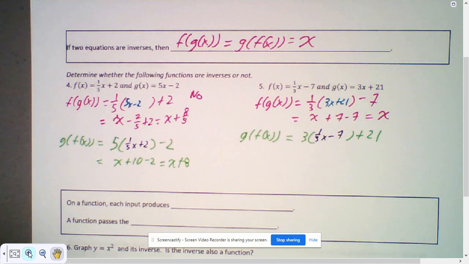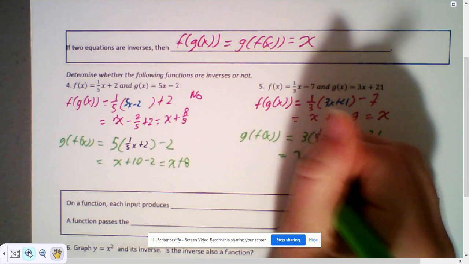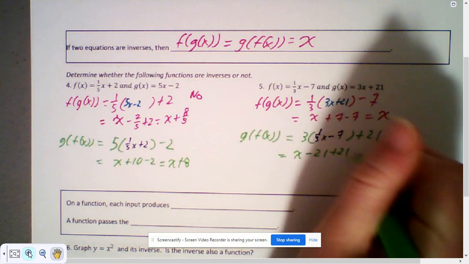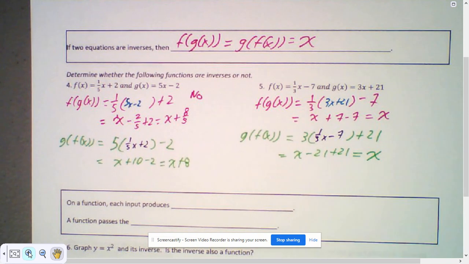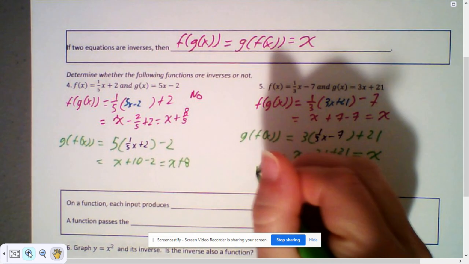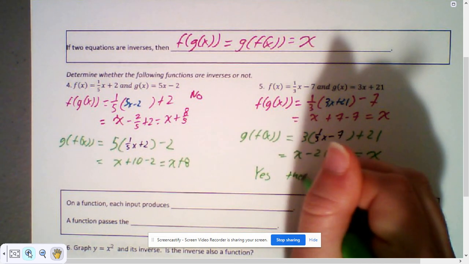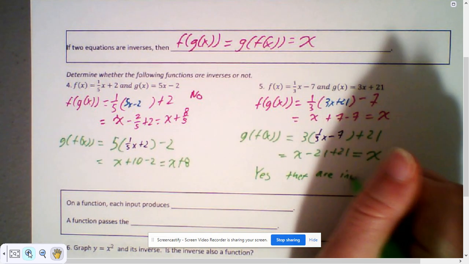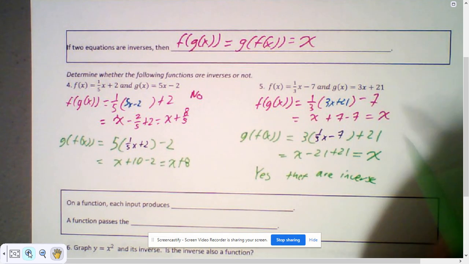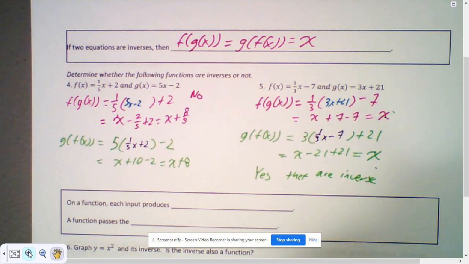So I'm going to get x minus 21 plus 21 is just x. So in this case, yes, they are inverses. Because they both simplify to x when I did f of g of x and g of f of x.